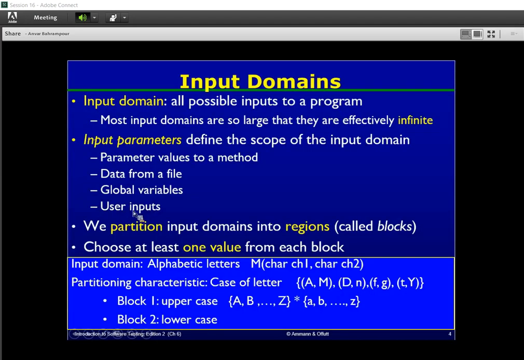From a file or global variables or other user inputs, all of these constitute the input parameters of a typical program. And we try to partition input domains into some blocks or regions. Each characteristic can partition our input domain into some blocks.